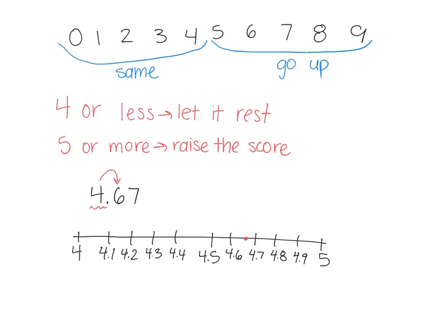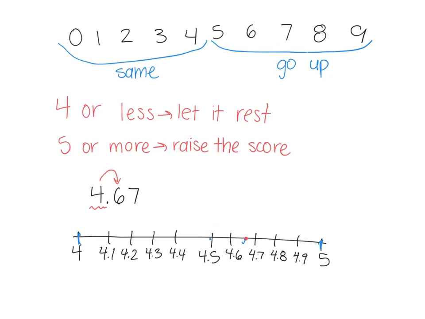So if I'm thinking about this dot, I'm rounding it to the nearest whole number. So is it closer to 4 wholes or 5 wholes? The 4 or the 5? Well, I can see that this right here is the halfway point.